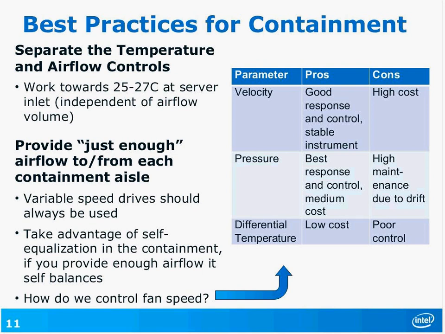Other facilities will use chimneys so that the hot air goes up into an isolated environment. So you want to work toward this ideal temperature at the server inlet and provide just enough airflow from each containment aisle. There are a lot of different schools around how you control the fan speed, and you can see that laid out in a table here.